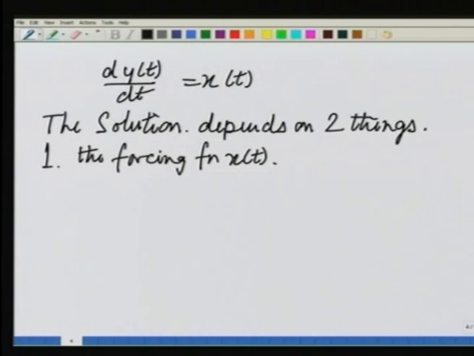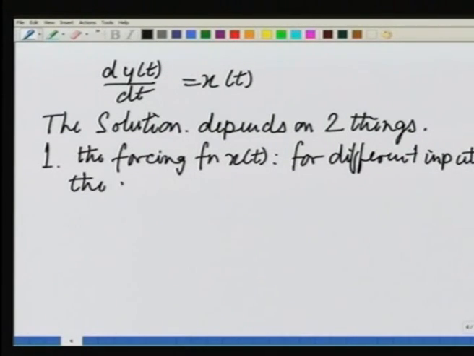If x(t) is changed, it is natural to expect that y(t) will be changed. That is to say, for different inputs, the outputs are different.